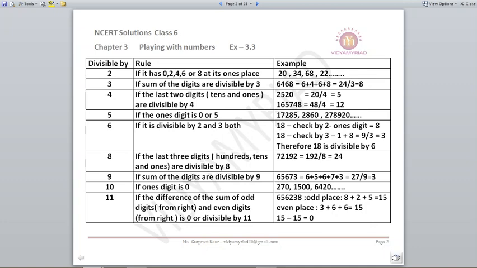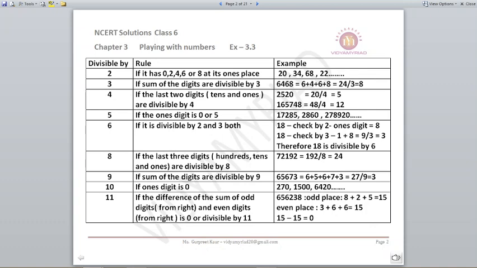Now to check the divisibility rule by 8: like we did in 4, where we took only the last 2 digits, tens and ones, in the case of 8, we will take the last 3 digits and try to divide them by 8. If your remainder comes to 0, the number is divisible.